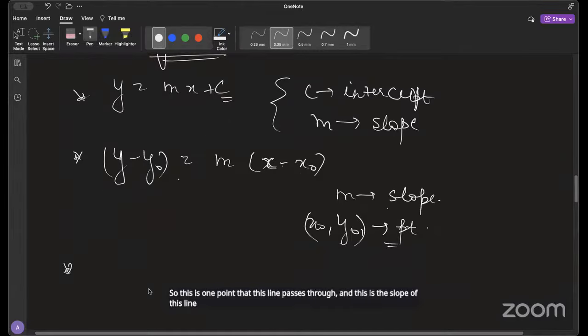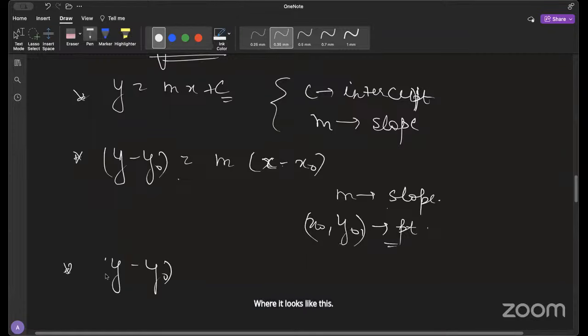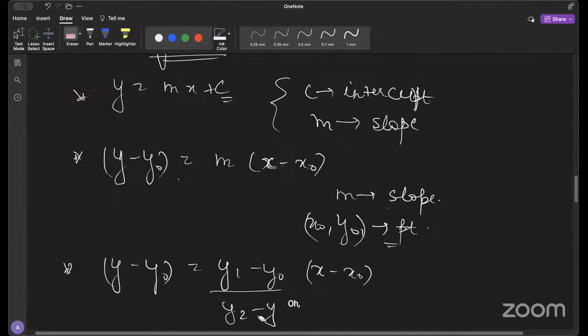And then you have two-point form, where it looks like this. Instead of m, you take y1 minus y0 over x1 minus x0.